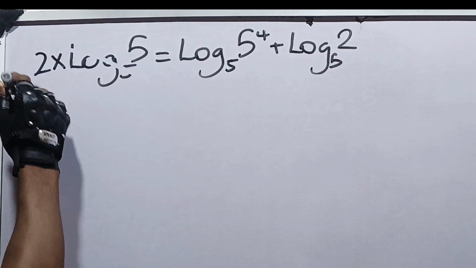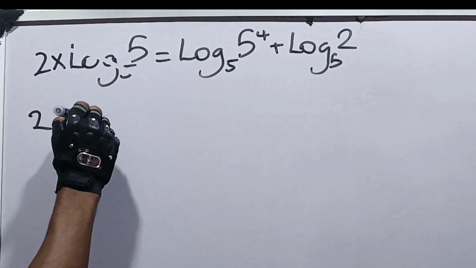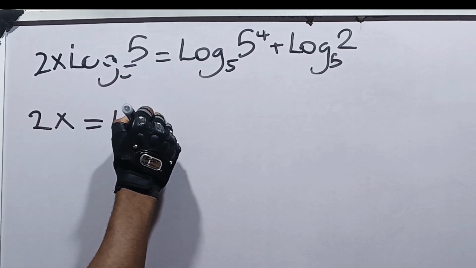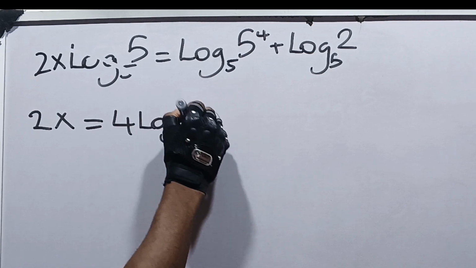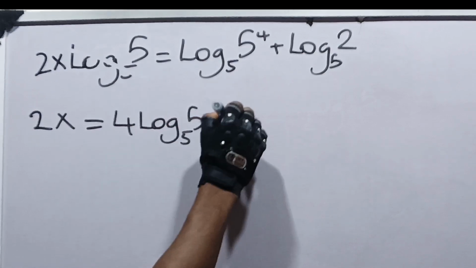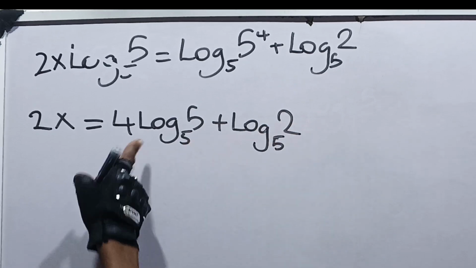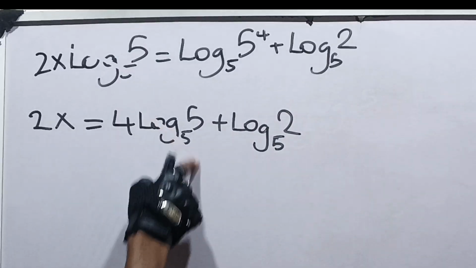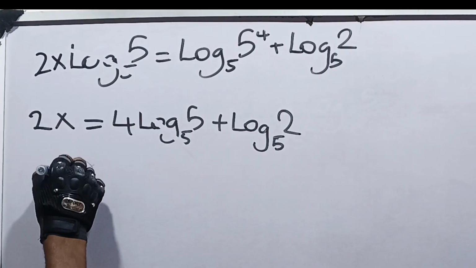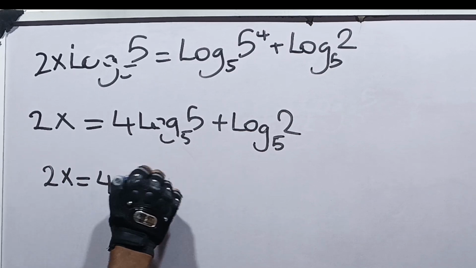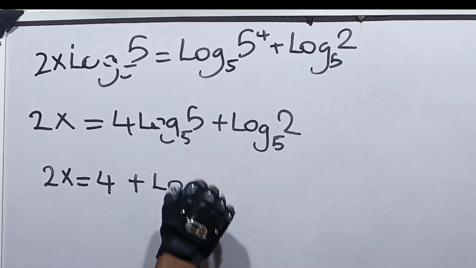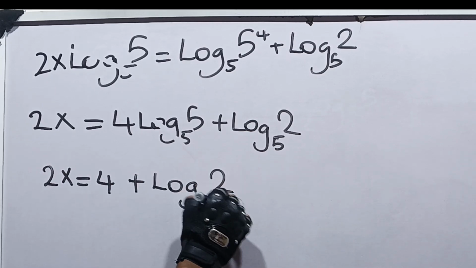This strikes out. So 1 times 2x is 2x, equal to 4 multiplied by the logarithm of 5 to base 5 plus the logarithm of 2 to base 5. The logarithm of 5 to base 5 again strikes out to give us 1. So we have 2x equal to 4 plus the logarithm of 2 to base 5.